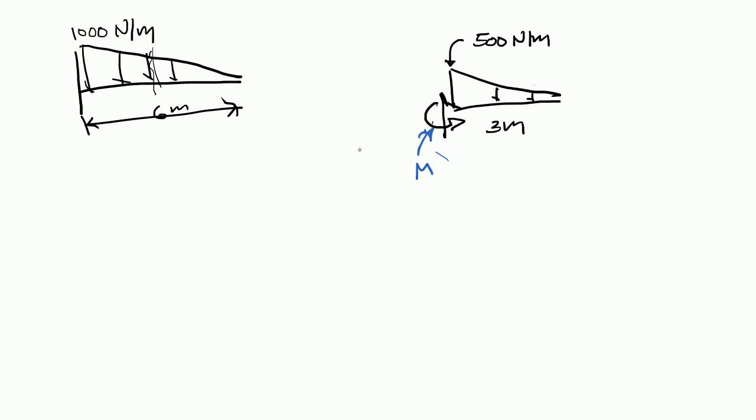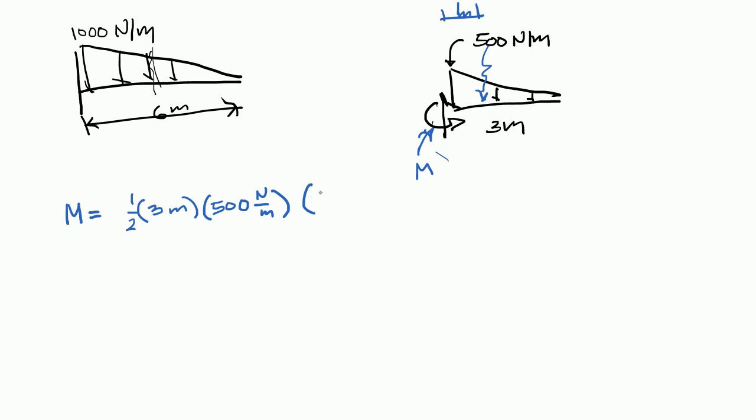Okay? By summing up moments, we can see that the moment is equal to, okay, equal to ilan? We have a triangular load. So again, that's 1/2 times base, 3 meters, a height of 500 Newton per meter, times a moment arm. Yung resultant niya nandito. So ito will be 3/3, 1 meter. 1 meter yung magiging moment arm.